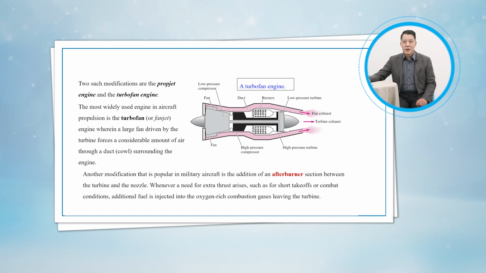Another modification that is popular in military aircraft is the addition of an afterburner section between the turbine and the nozzle.